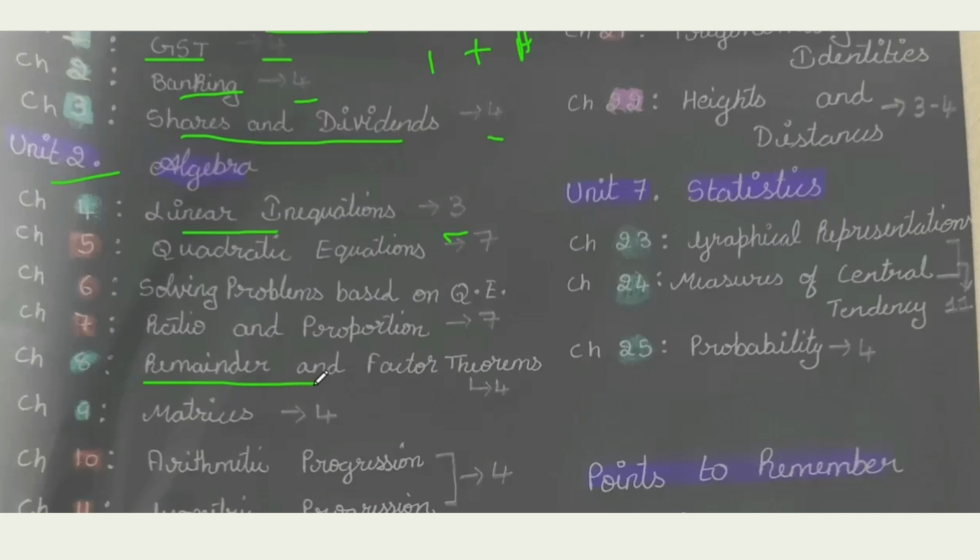Students may feel this chapter is a little bit difficult, but in fact it is easy if you understand it, and it is 4 marks. Okay, and the next is matrices. Matrices is the easiest chapter, which carries 4 marks, and each and every student can do the matrices chapter.